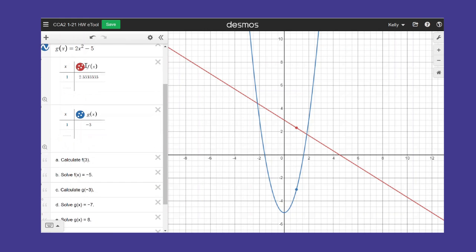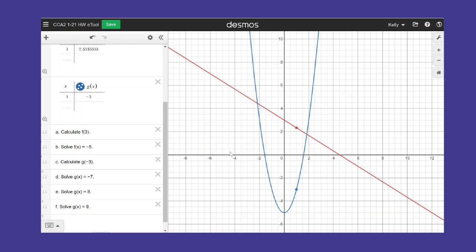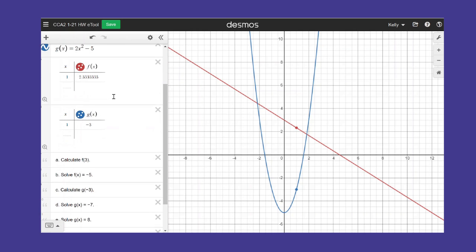And so you can see here when they plug in 1 for the f of x, they end up with 2 1/3 for their answer for y. And then on the blue function where they've plugged in a 1, pay attention to the scale here, it equals a -3. All right, so we're going to calculate some of those the same way. So f of 3 will go into the red table.